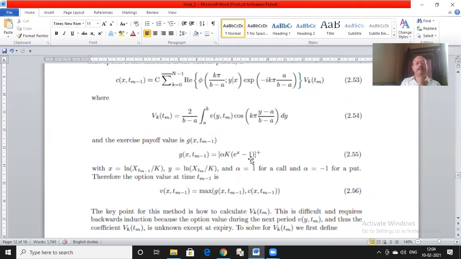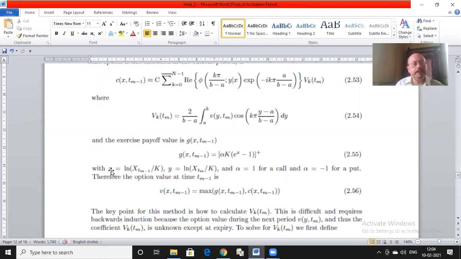If I simplify it, it will just be the log stock price minus log strike, as in the original characteristic function definition. So this is written in a fancy way here, but if you look at it carefully, it is understandable, written in a compact manner to cover both the call case and the put case.